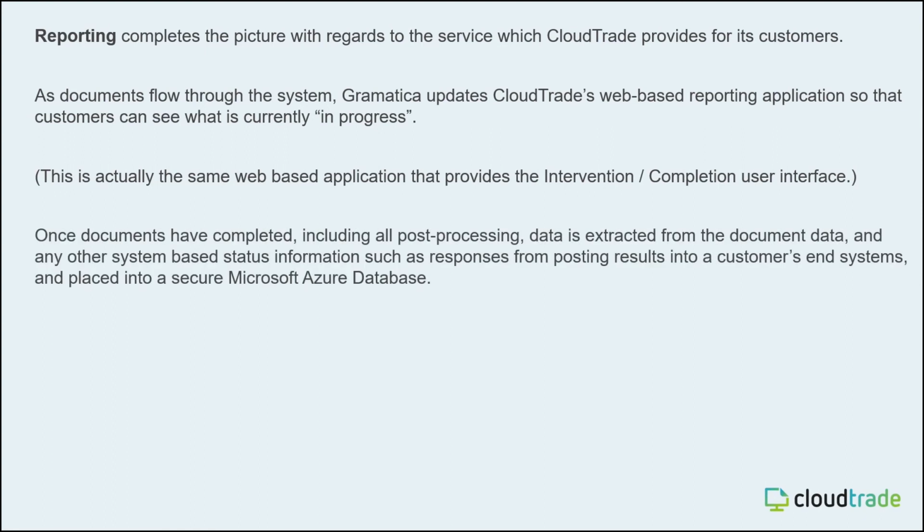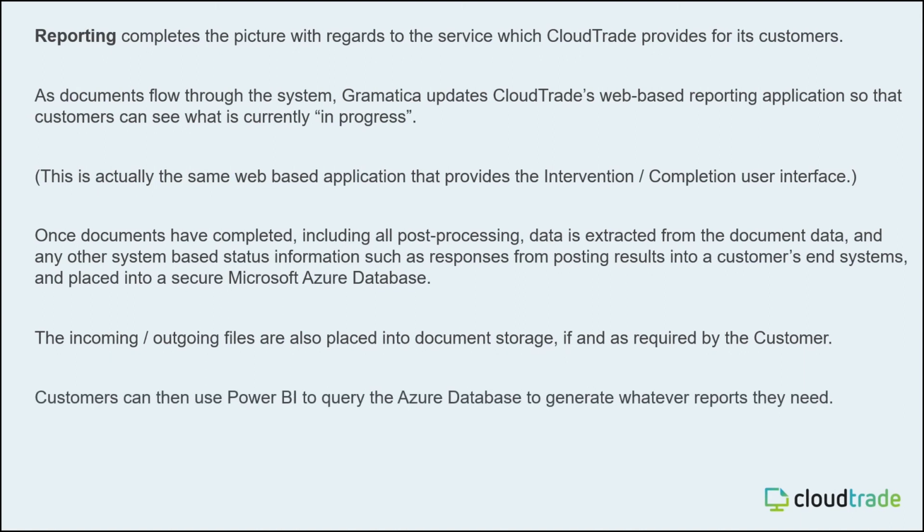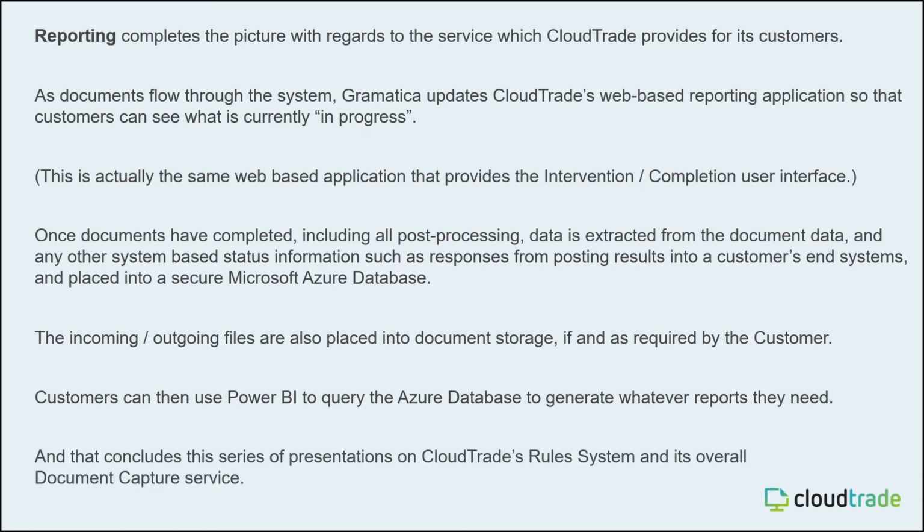And then we have our reporting backend, which is where the results of all the work that we do goes into a big database, and we have interfaces that allow our customers to run reports on this database and see what sort of service they're getting. And the various files that have come in and come out are also put into document storage as required, and customers again can go and access the individual documents themselves.